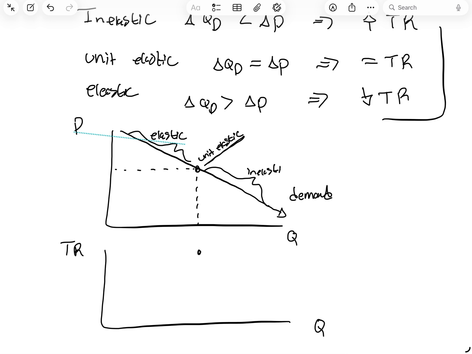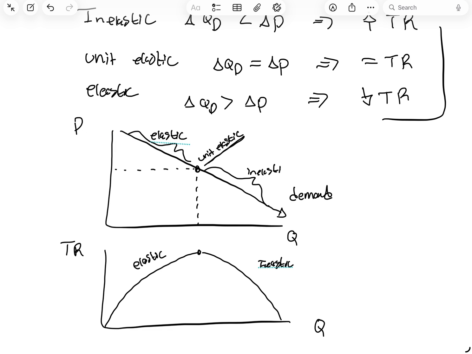You're approaching a higher revenue as you move from the left to the right, and this is your elastic portion. And then as you go this way, you end up with something that's, generally speaking, more inelastic. Okay, and that's in terms of total revenue.